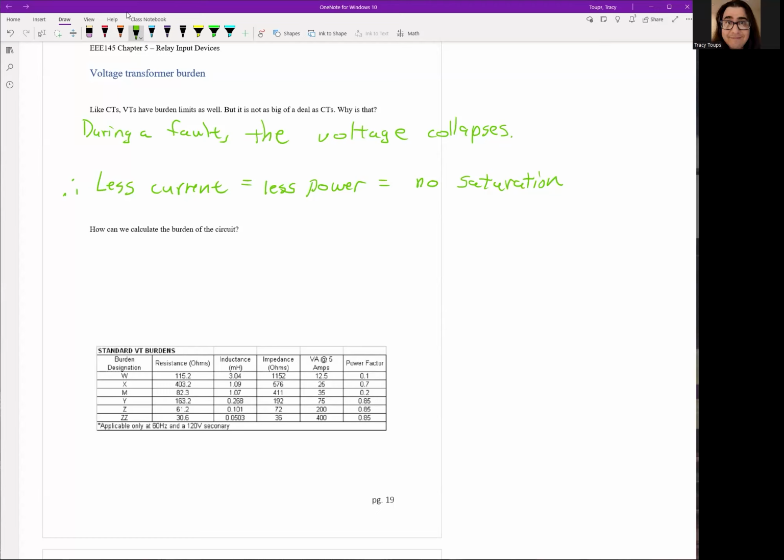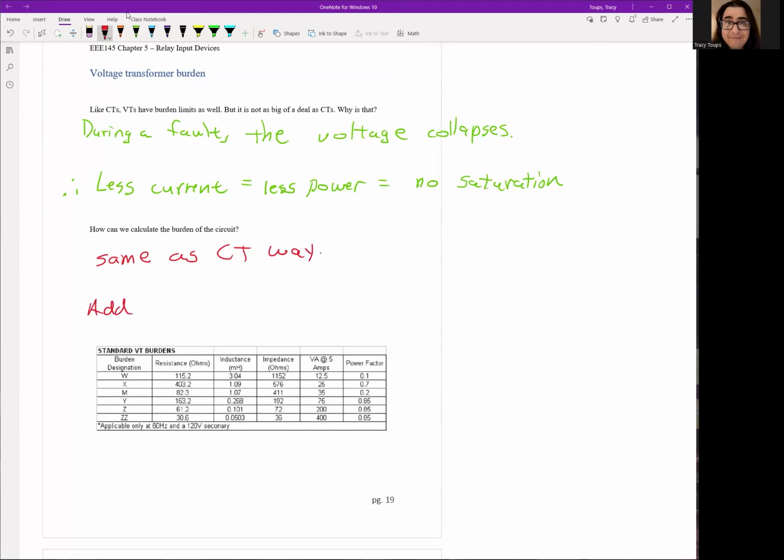So burden calculations are there for VTs, but they're not nearly as important as for the CT, because there's no way you could really damage a VT through overloading it. Okay. Now, how can we calculate the burden in the circuit? Because you still should, right? It's the same as the CT way.